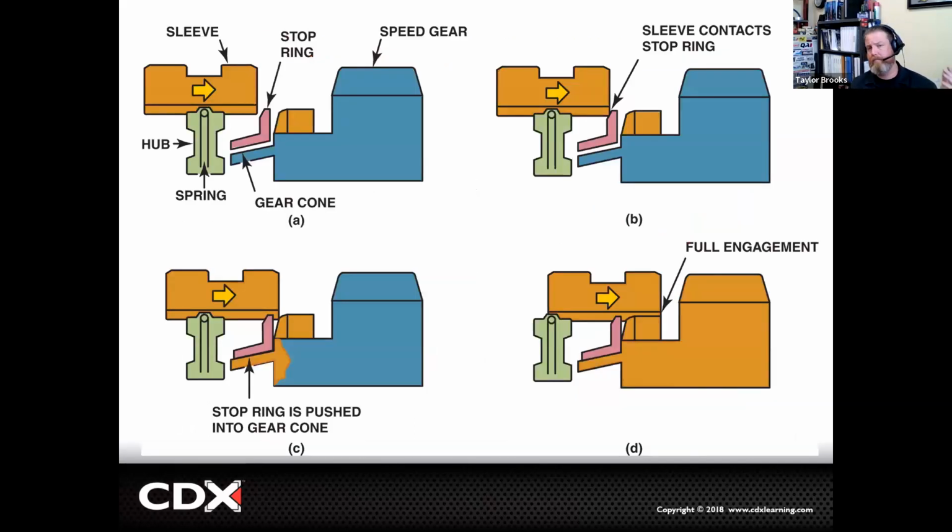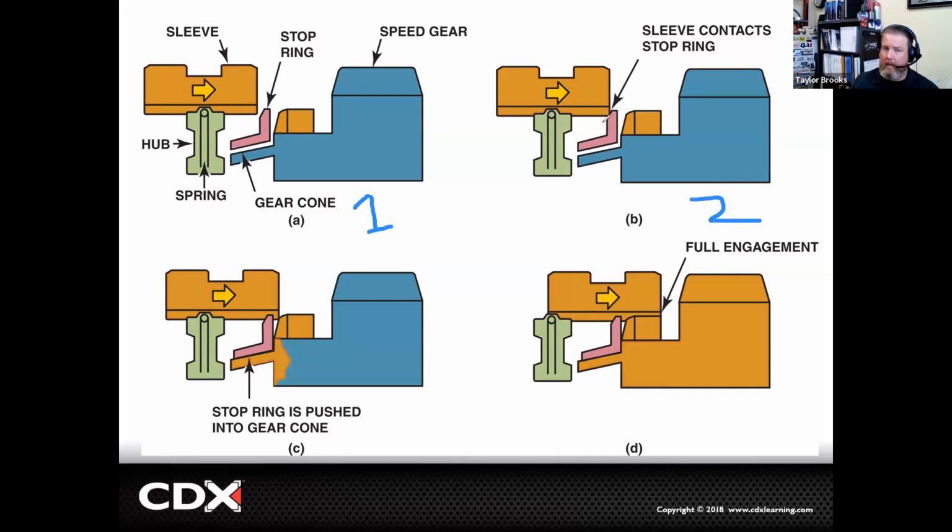So if we look at this diagram on engagement, we can see on A up here in our far left corner, this is going to be our first step, we're going to be moving the sleeve via the shifter against the shifter sleeve that's going to start to engage on our second engagement here for B into the blocker ring.